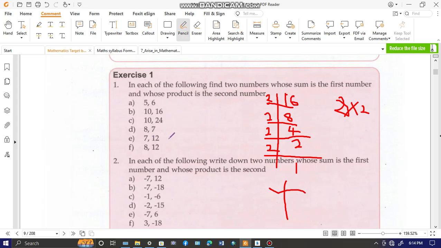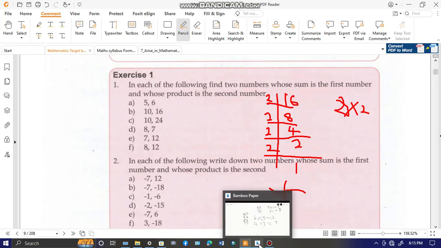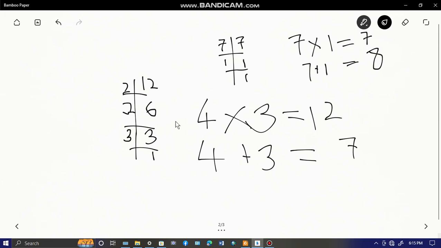And then in example number F, we have 8 and 12. Since it's the same 12, we're going to use this. We are looking for numbers with a sum of 8 but a product of 12. So you can see that the same number can give you different combinations.